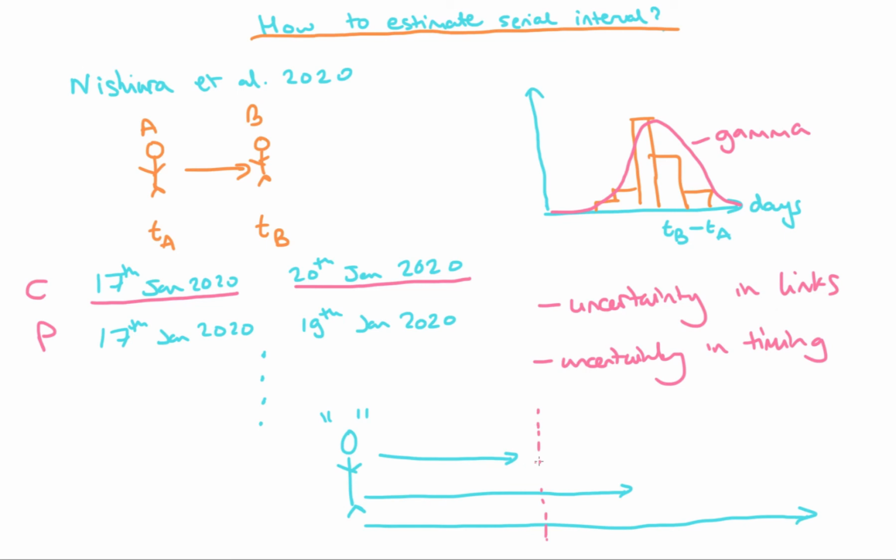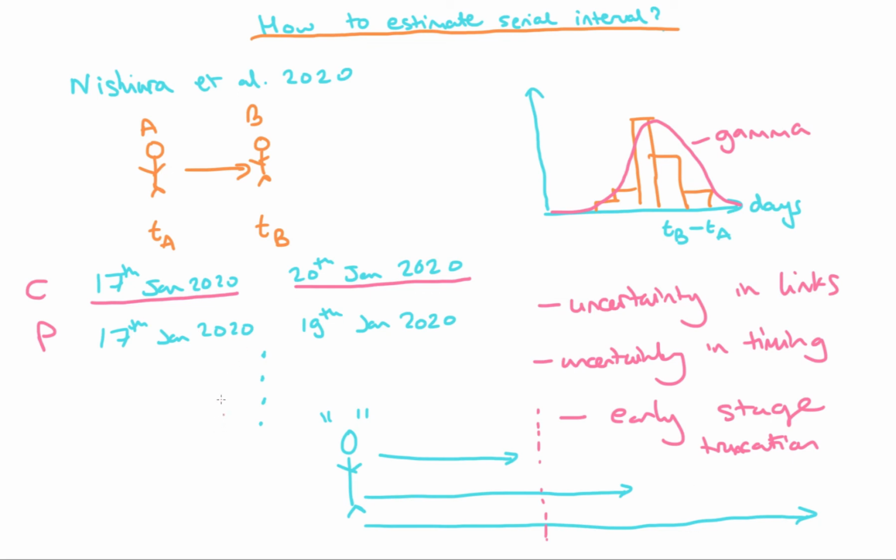If we didn't account for this truncation, we might be artificially reducing the length of the serial interval distribution. So there are various methods to account for this early stage truncation that can occur during the early stage of the epidemic, and statistical methods exist for accounting for it in the serial interval distribution.